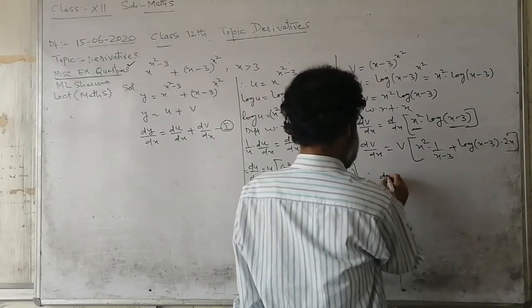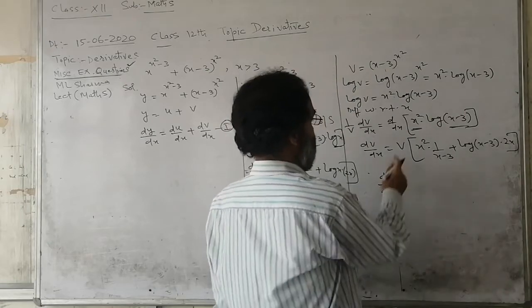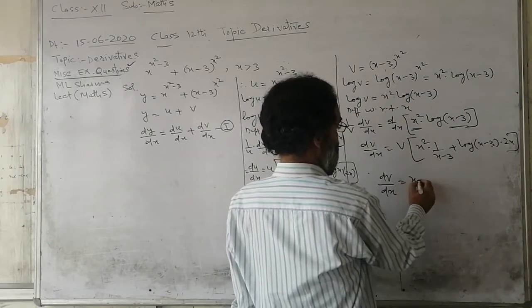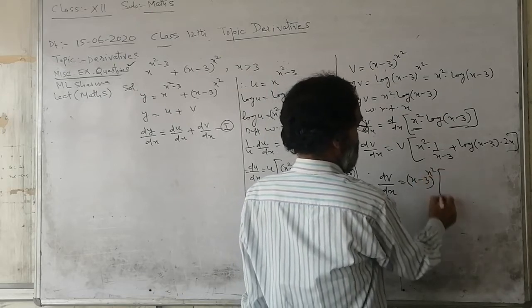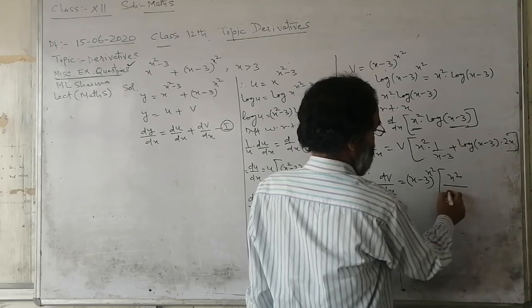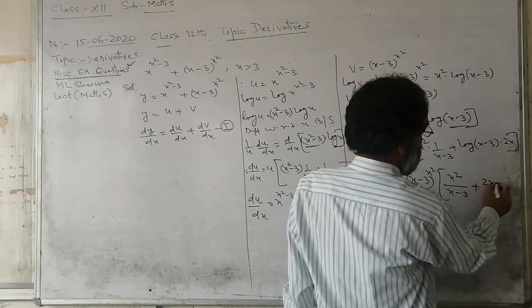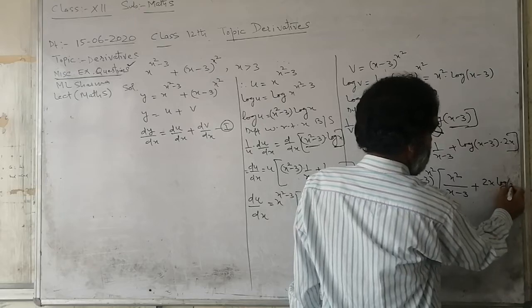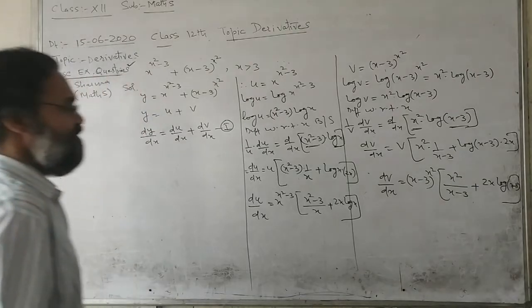So dv upon dx equals v times, where the value of v is (x minus 3) raised to power x square, into x square upon x minus 3 plus 2x into log of x minus 3. So this is the value of dv upon dx.